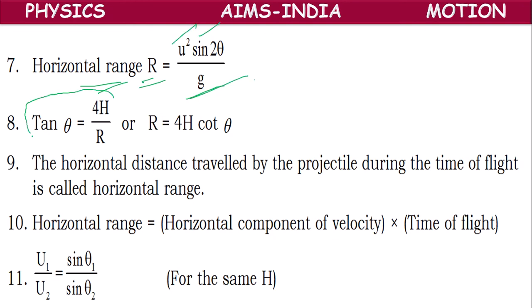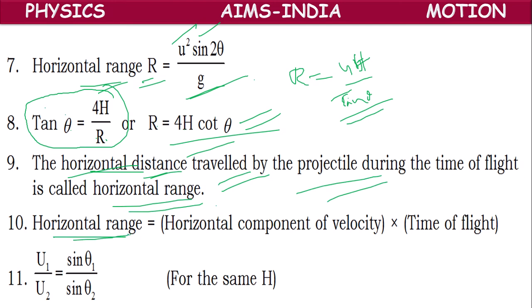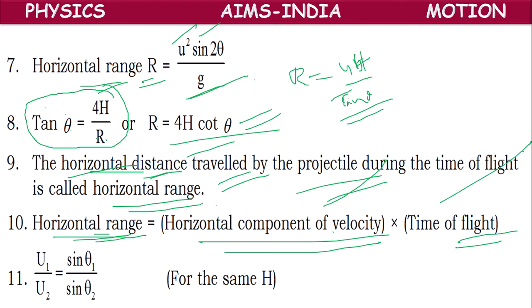The relation between these is tan theta equal to 4h by R, or R equal to 4h by tan theta, which can be written as 4h cot theta. The horizontal distance traveled by the projectile is called the horizontal range. To calculate it: the horizontal component of velocity into the time of flight.